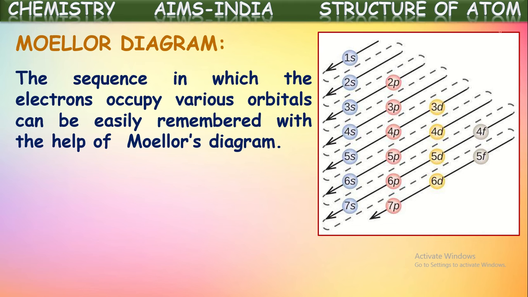See, it is shown here in the diagram. First 1s orbital, means electrons are entering into the 1s orbital in any atom. After filling this 1s orbital, see where it is guiding, then the 2s orbital is occupied. After completely filling the 2s orbital, electrons enter into 3s, 2p, sorry. After filling 2s, electrons enter into 2p.